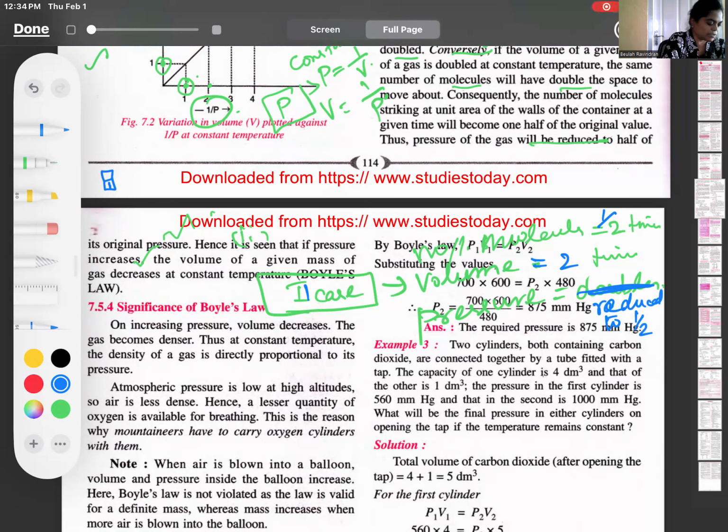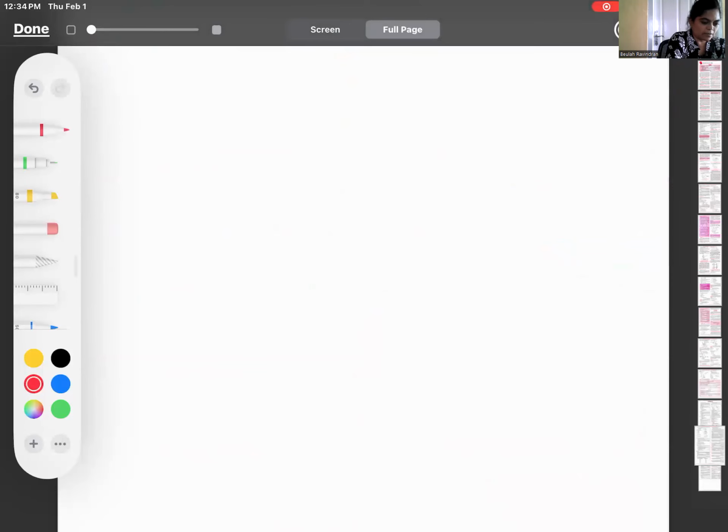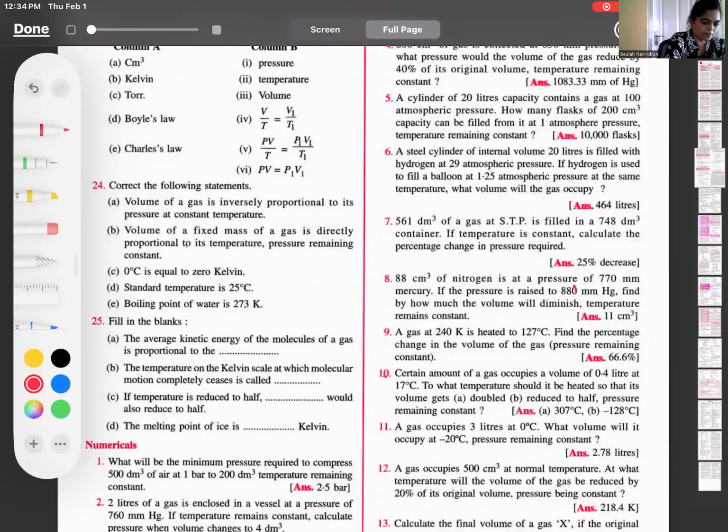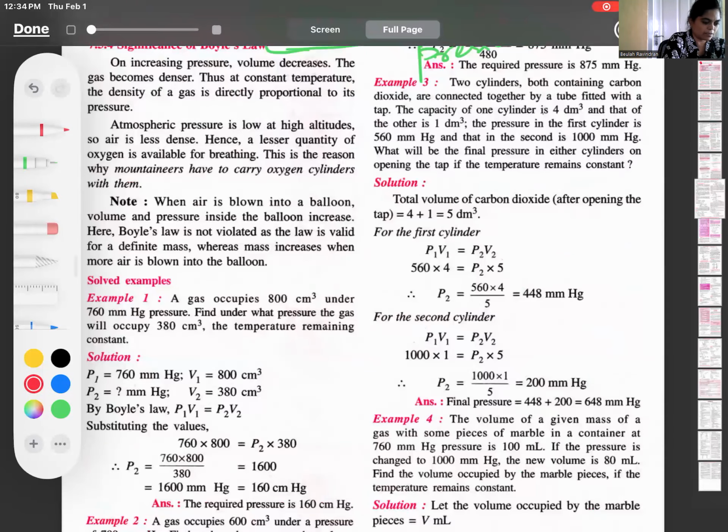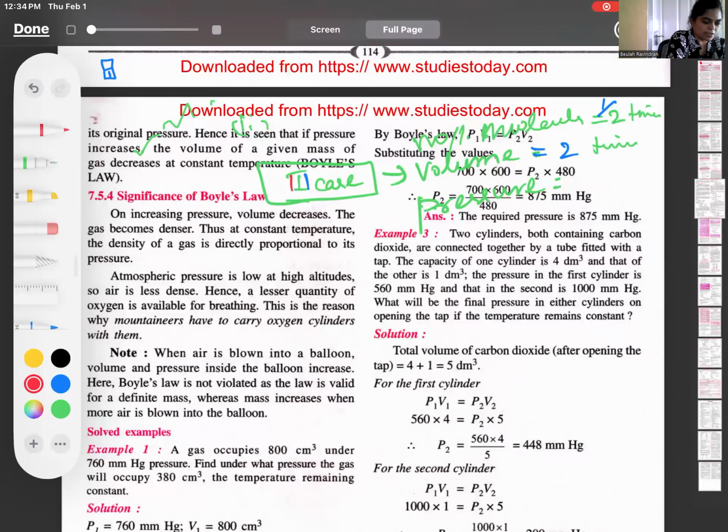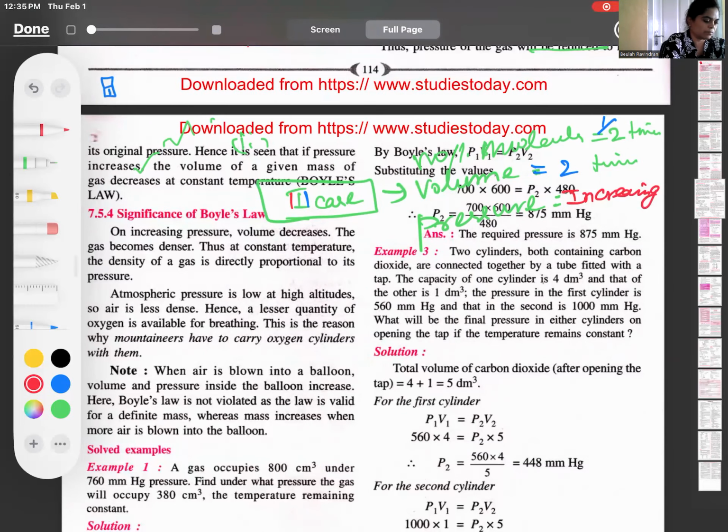What about the third case? In the third case, you are increasing the pressure. The pressure is increasing. So what about the volume? The volume of a given mass of gas decreases at constant temperature.